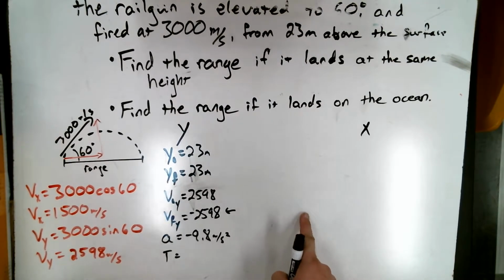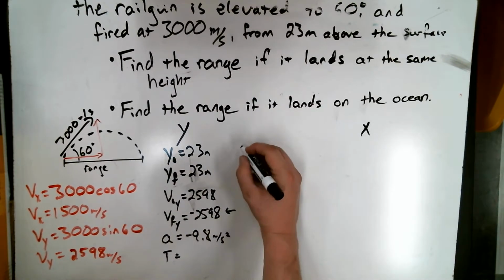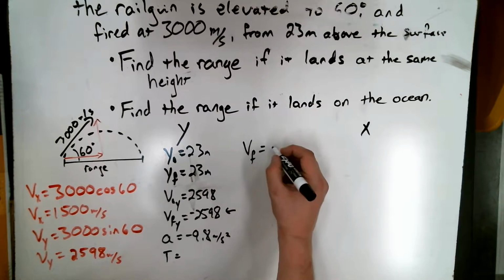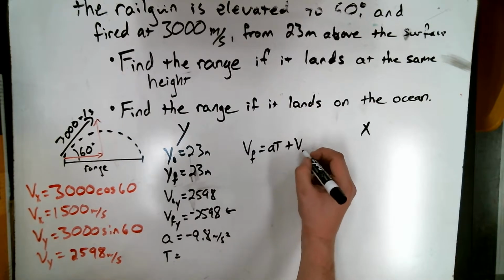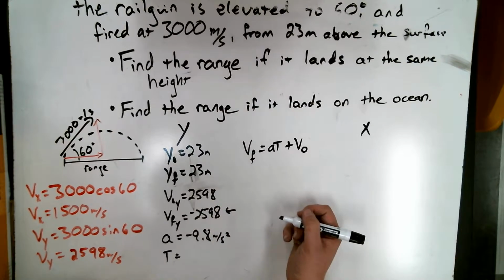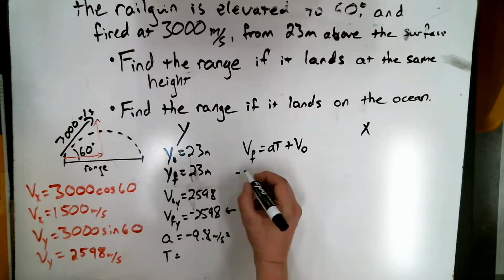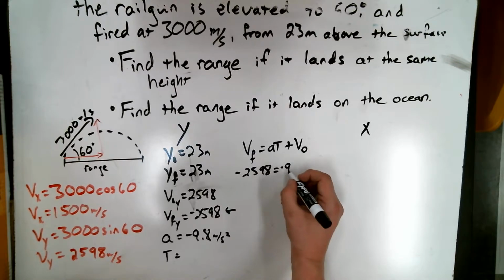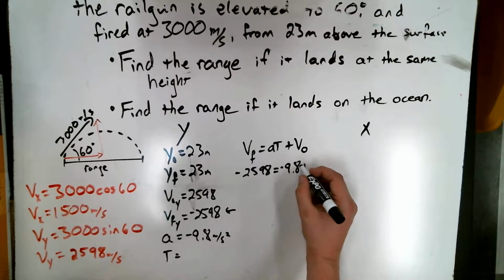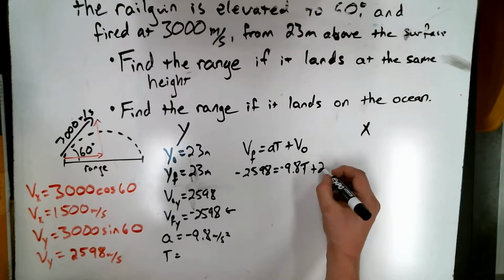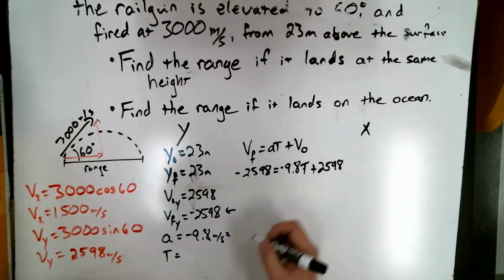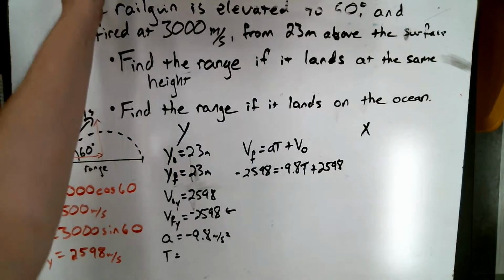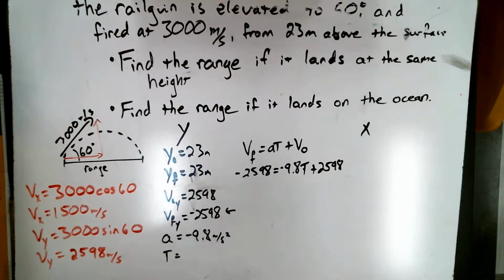Or this time, I'm going to go at it with vf equals at plus v naught, because I happen to know this one this time. So I need to get to negative 2598 with an acceleration of negative 9.8 over some time t, and I start at 2,598. This equation is more straightforward than the quadratic, so this is why I'm preferring it this time.